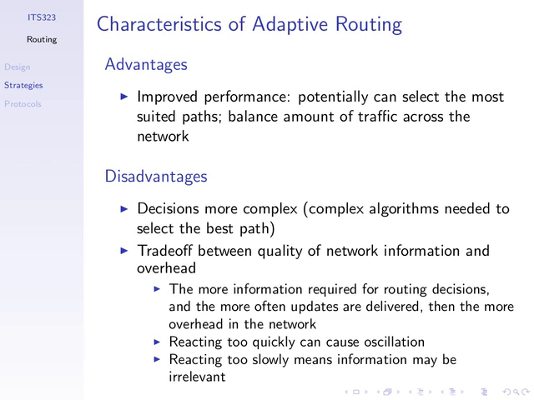If I get an update once a year about the congestion in the road traffic in Bangkok, that's not very relevant for me, because between now and one year's time, all of that information may change. So we need updates on a frequent basis, but not so frequent that we incur too much overhead.